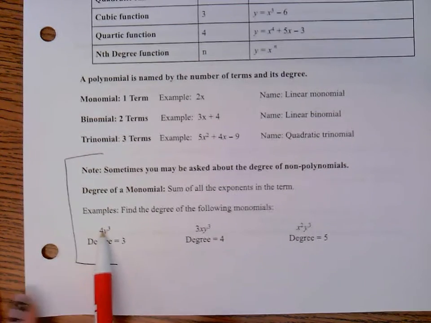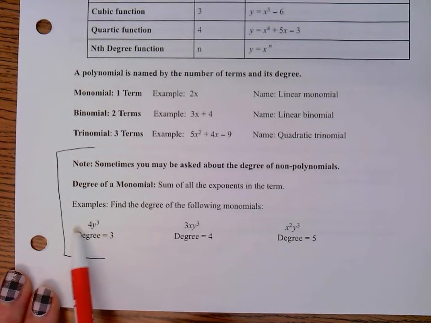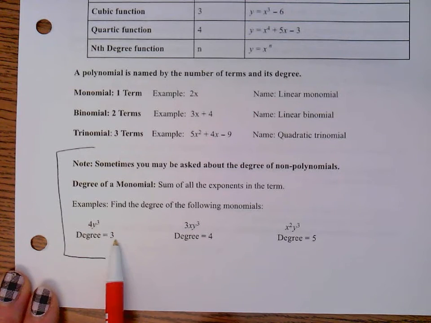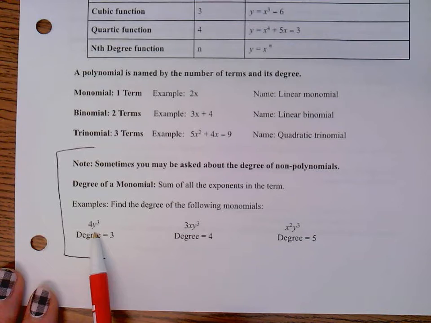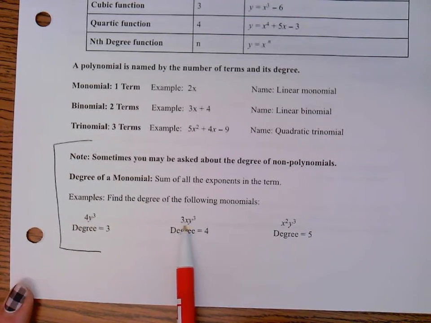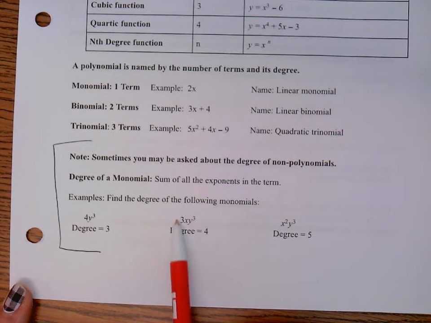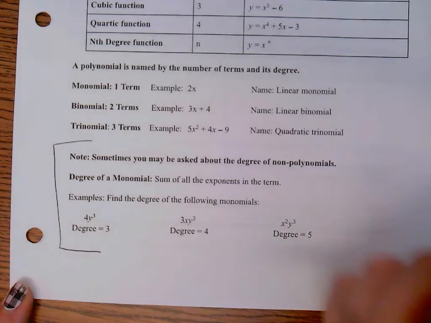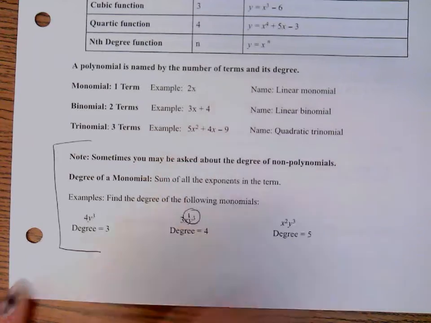I just wanted to show you that if you had like 4y cubed, that's considered a 3rd degree monomial, even though y cubed is not like a function that we study. Or like 3xy cubed, to me, this is just an expression. They give this a degree of 4. So all the variables that are being multiplied together, you get to add up the degree of each one.